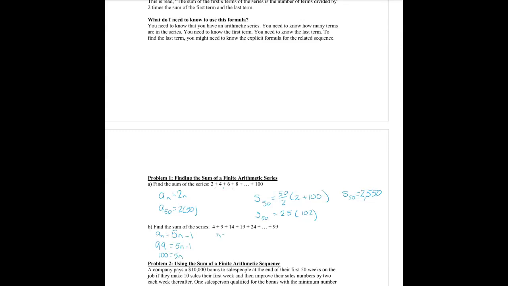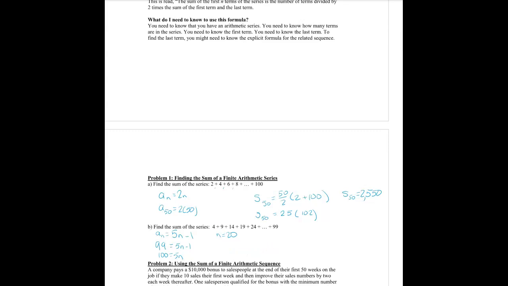So my number of terms should equal 20. Just plugging that back in, A sub 20 is equal to 5 times 20 minus 1, which is 99, because 5 times 20 gives me 100, minus 1.